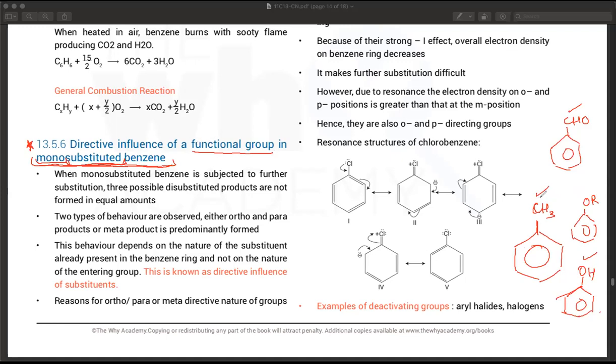So depending on what functional group you have here, this particular group has some sort of directive influence. So this comes into picture when you're doing electrophilic substitution. All right. So when an already substituted benzene, benzene with a functional group already present on it, is undergoing an electrophilic substitution reaction, right?